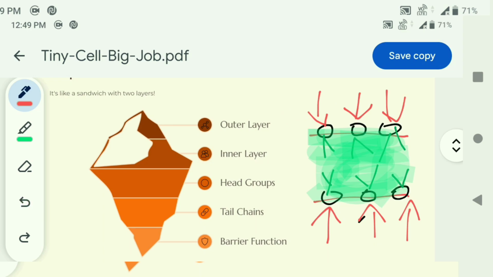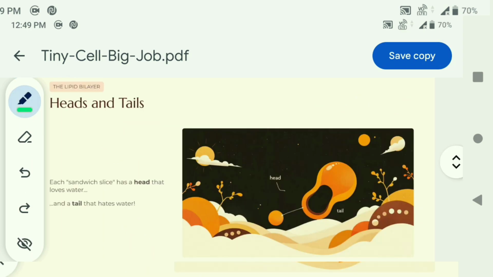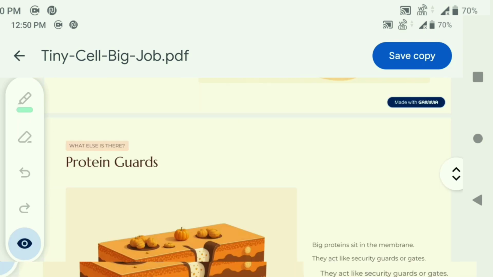But the tails, these tails hate it. These are non-polar. As you can see here is written the head that loves water and the tail that hates water. You can see that. Now we will move forward.